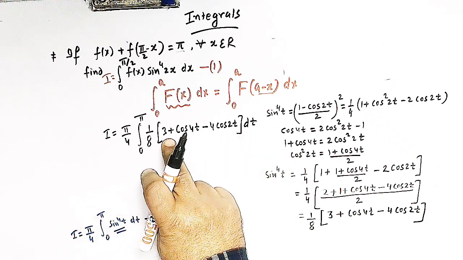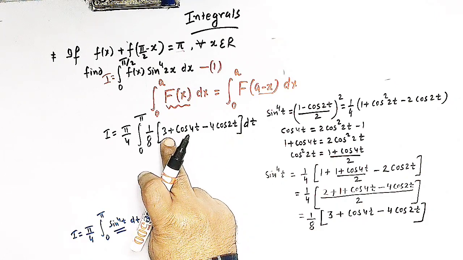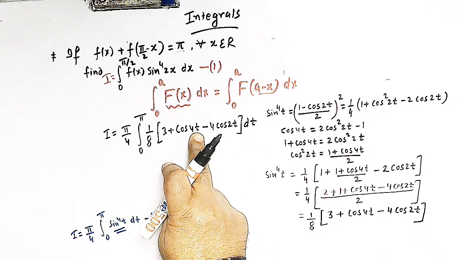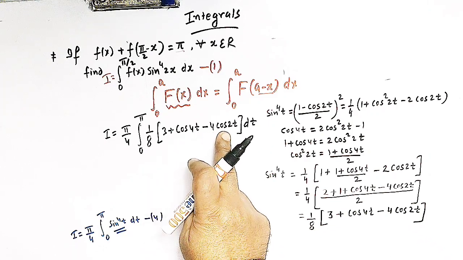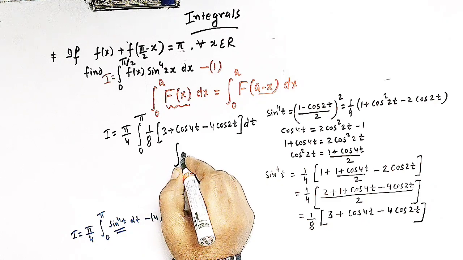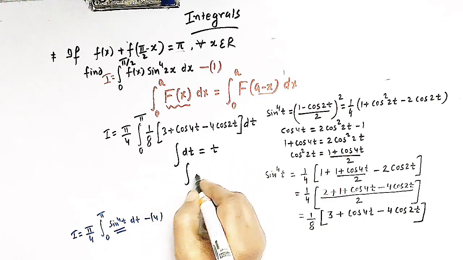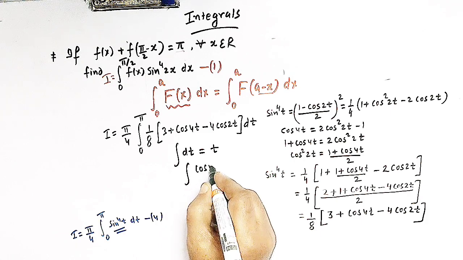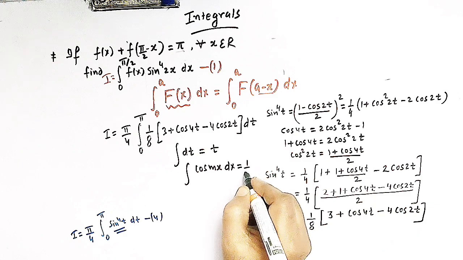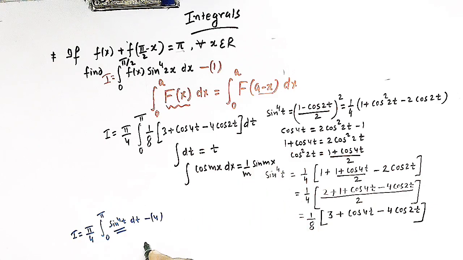So now we can easily integrate this expression, because we know the integral of 3 dt, and then cos 4t and minus 4 cos 2t. So here we'll make use of this result, that is, the integral of dt is t, and the integral of cos mx dx is given by 1 over m, and here we have sin mx, right?